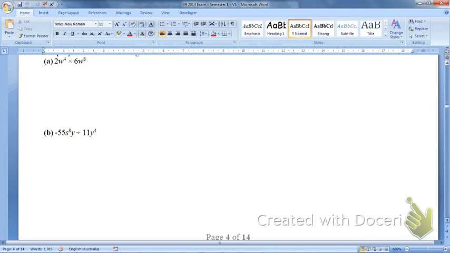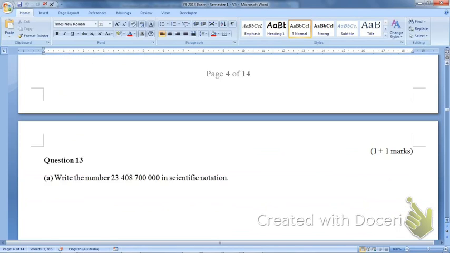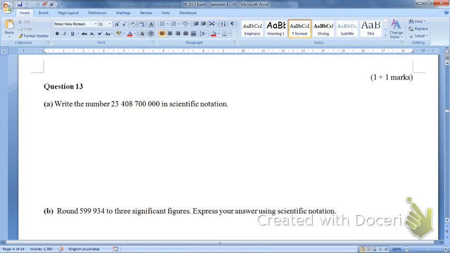Question 13. Write the number 23408700000 in scientific notation. So you start with the 2. Put the decimal point. 34087.